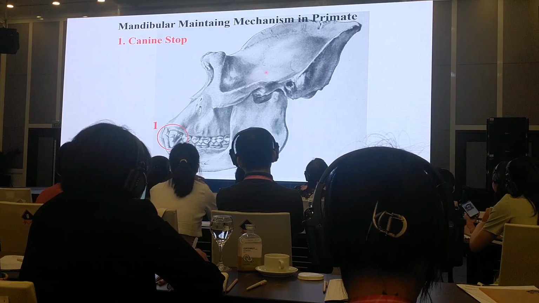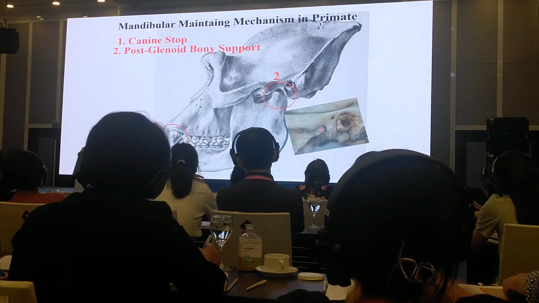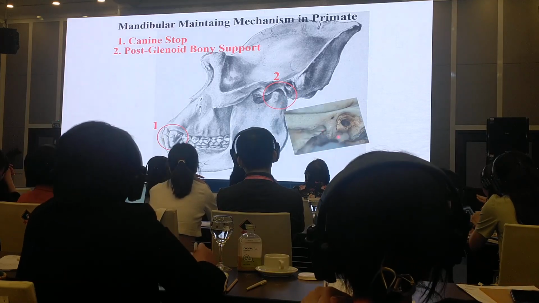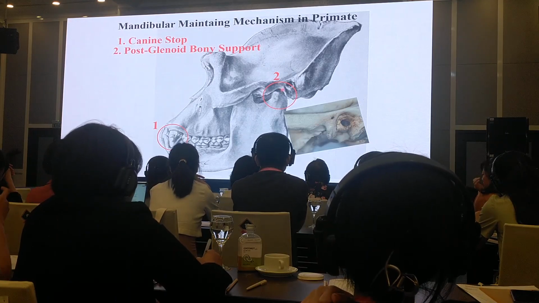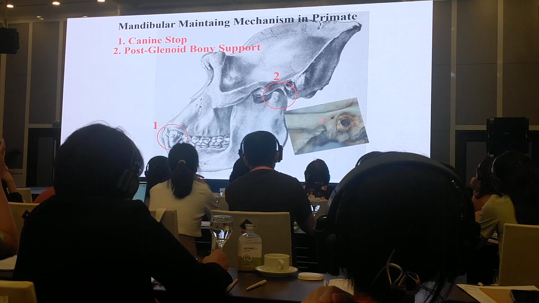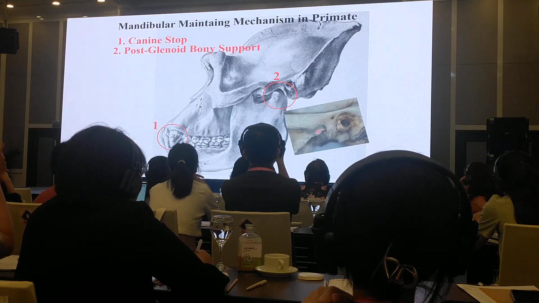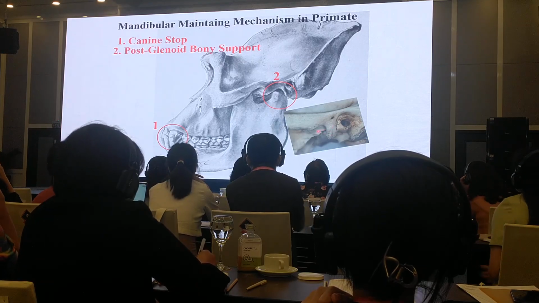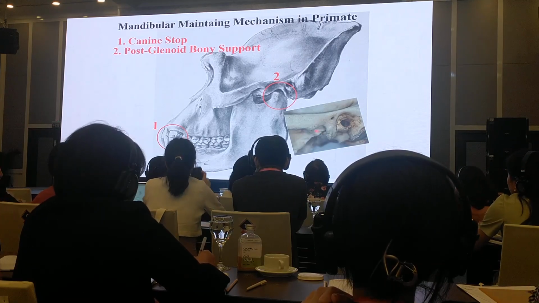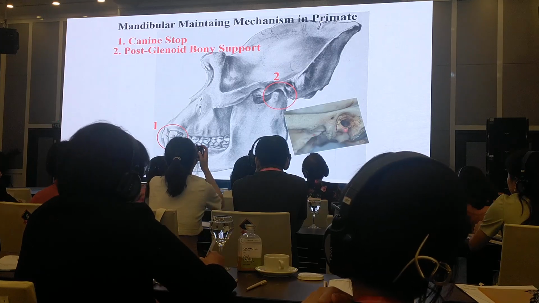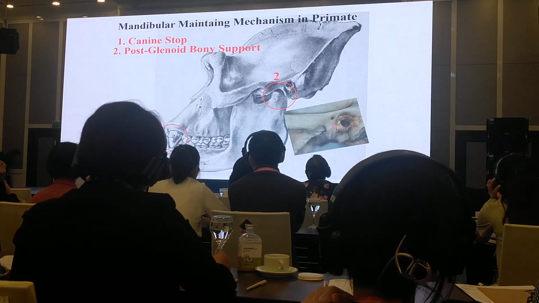And if you look here, the joint, the condyle, see here, behind the condyle. This is a bony structure. This is the anatomical word, I forgot the name, post-glenoid spine or something like that.